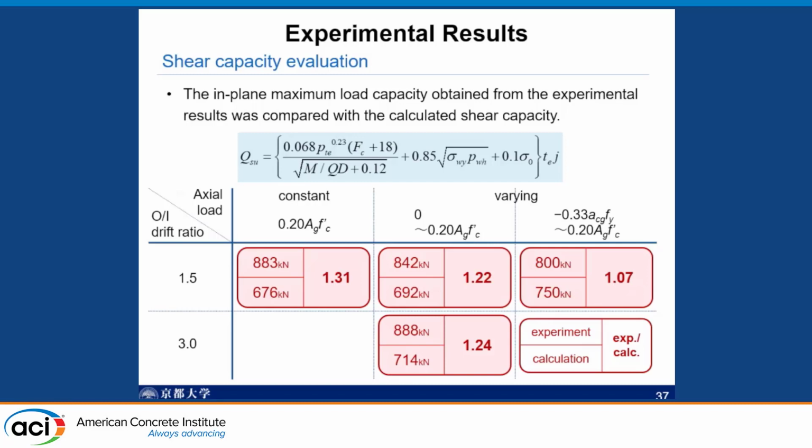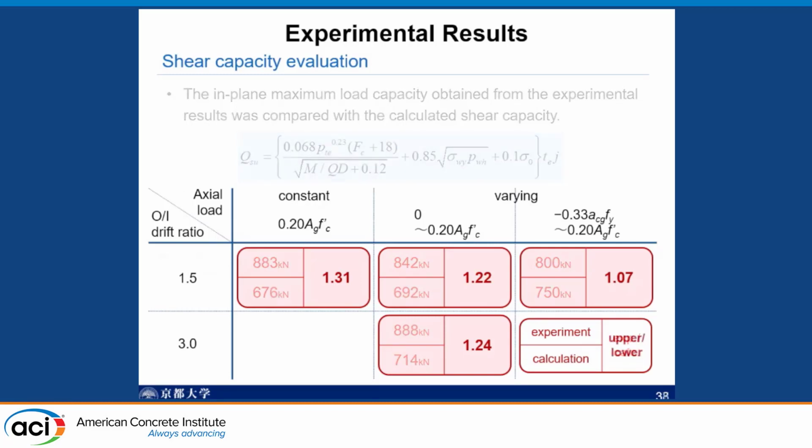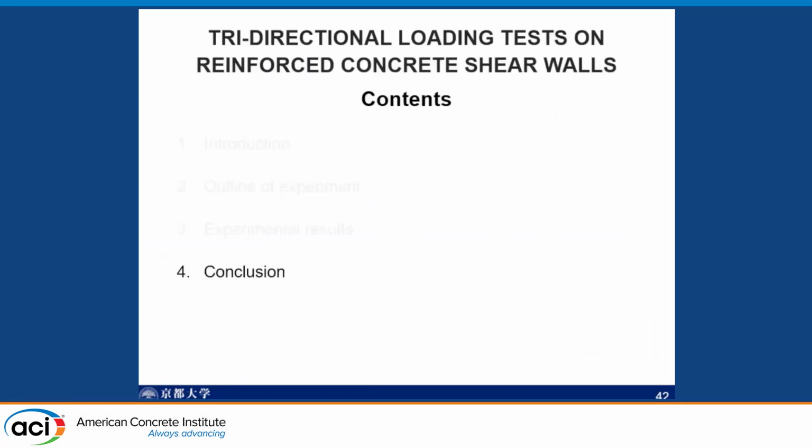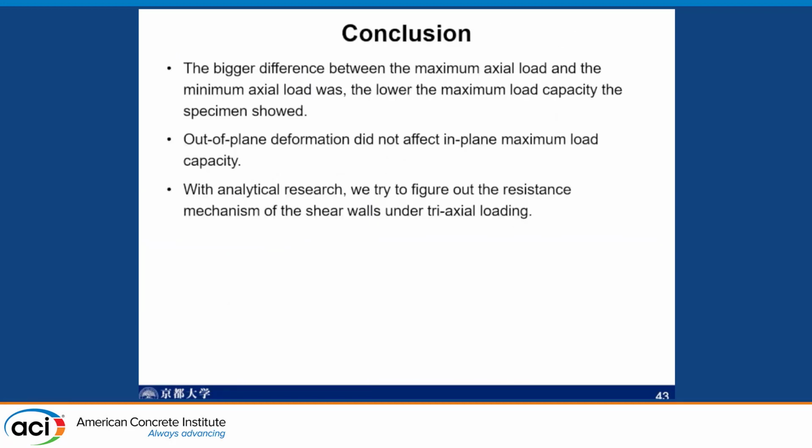Okay, let me skip this one. So today I just showed you the experimental results we conducted on the shear wall specimens, and we found the bigger the difference between the maximum axial load and the minimum axial load was, the lower the maximum load capacity the specimen showed.